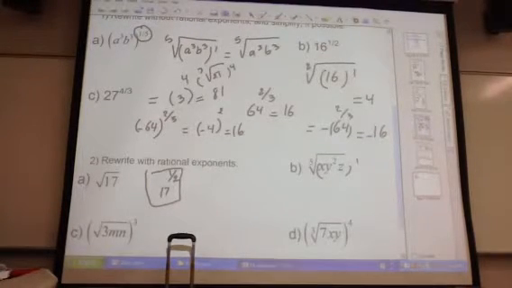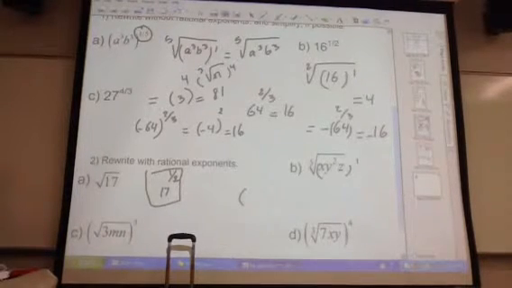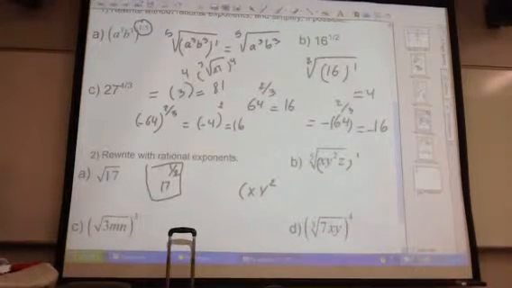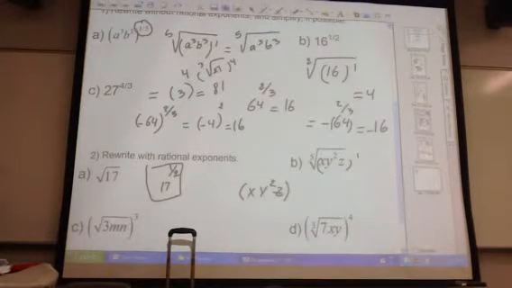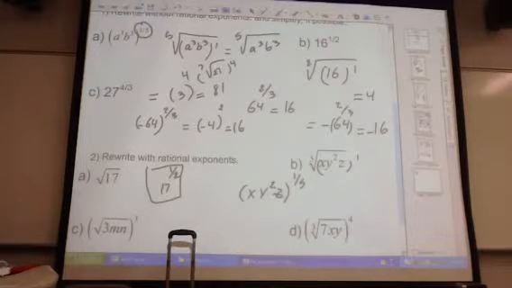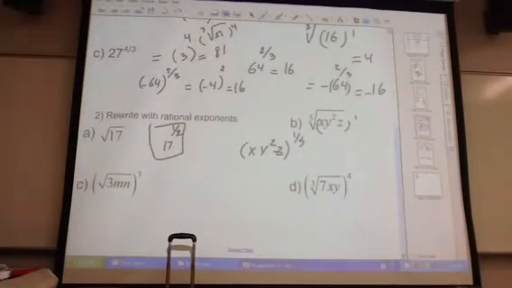Can you write this? What do you write? x, y squared, z, and z to the power of what? 1/5.